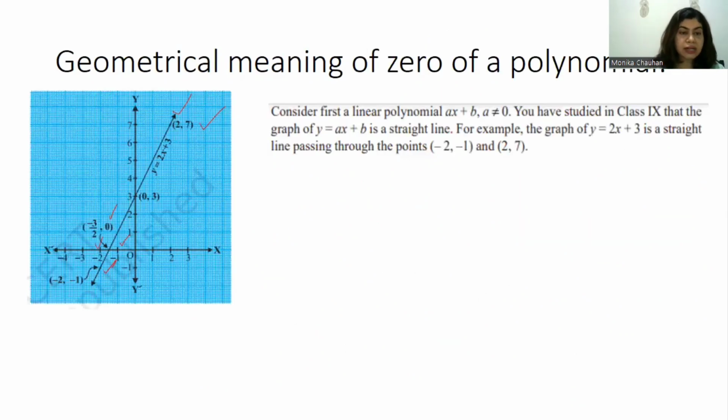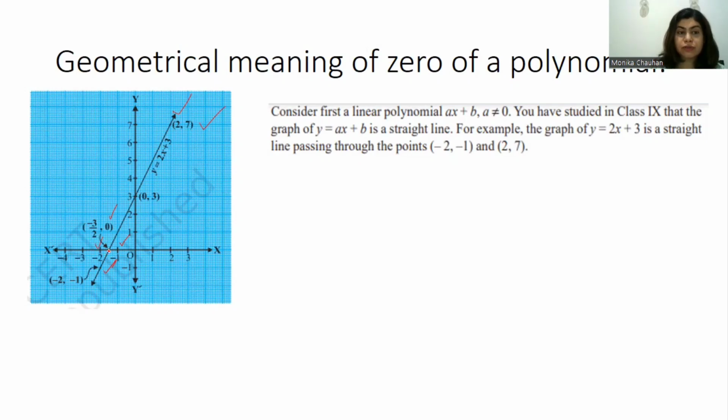So understand in general, a linear polynomial has exactly one zero, which is where it intersects the x-axis at exactly one point. If it touches exactly one point on the x-axis, it has one zero. You can read it: wherever it intersects the x-axis. So the zero of this polynomial, 2x plus 3, is the x coordinate where it intersects the x-axis.